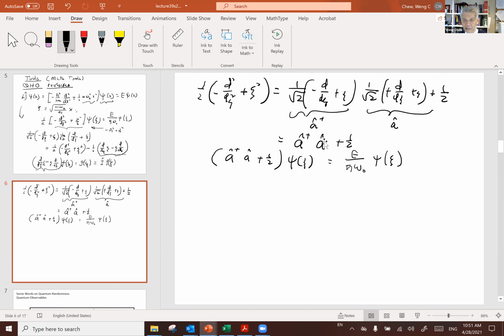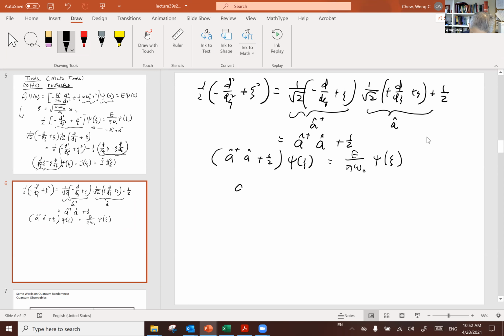And A dagger is called the creation operator. A itself is called an annihilation operator, for obvious reasons that will be realized later on. But another thing that you find is that since these are operators, they're very much like matrix operators. They don't commute.